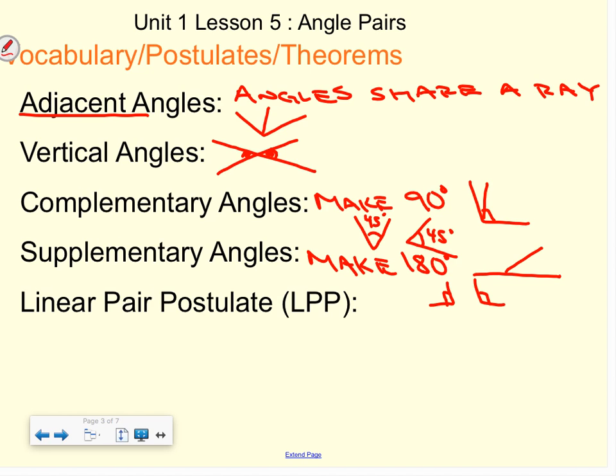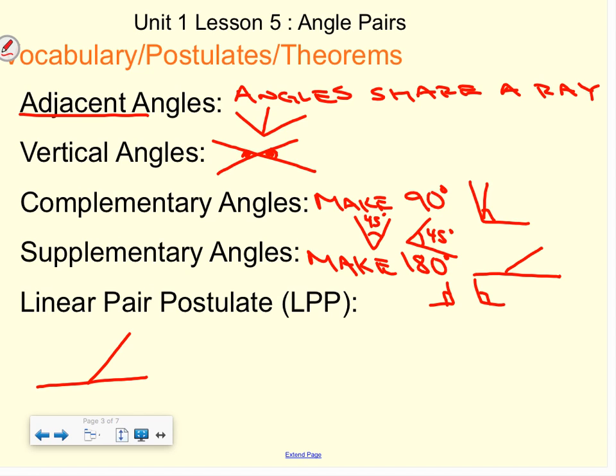Okay, the linear pair postulate. The linear pair postulate basically just says that if you have two angles that are adjacent that make up 180 degrees, these are considered a linear pair.